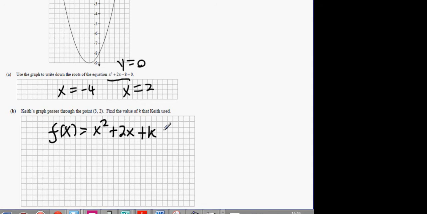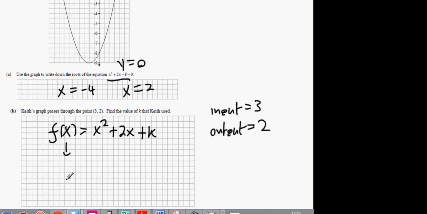Basically what's going on here, guys, is it tells you that if the input is 3, the output is, what's the output then? Guys, the input's 3, what's the output? 2.